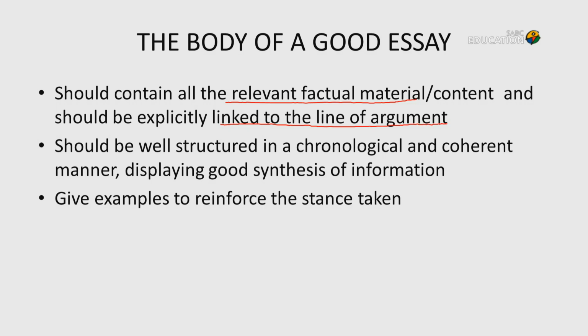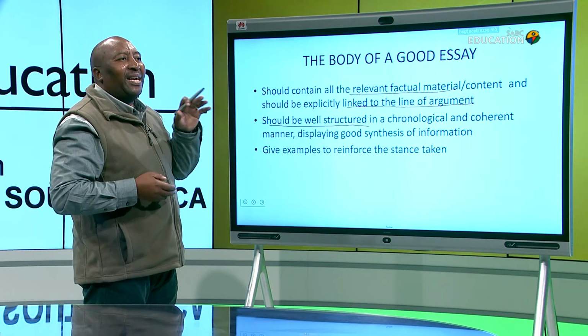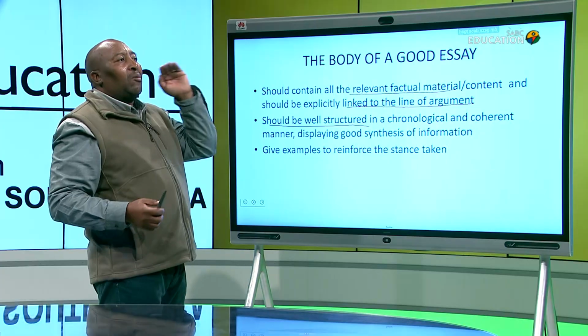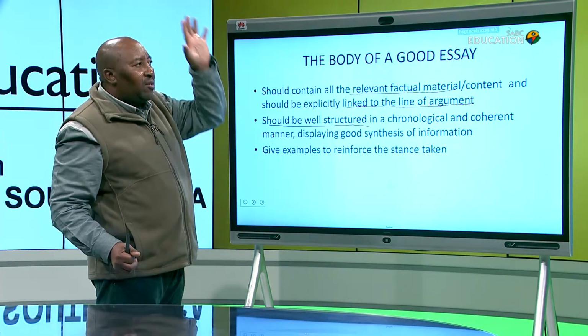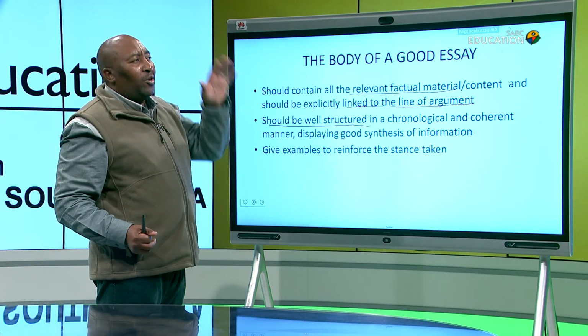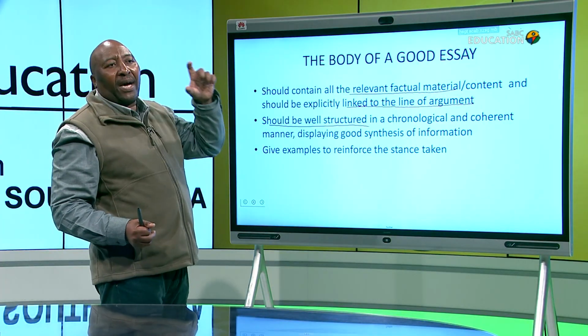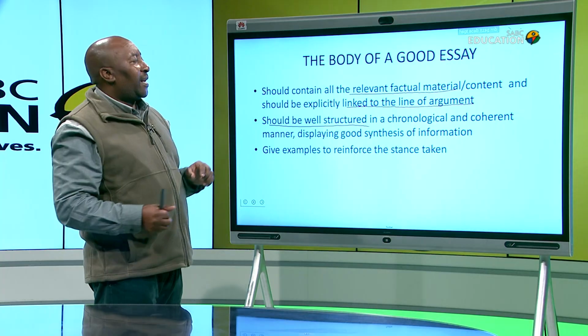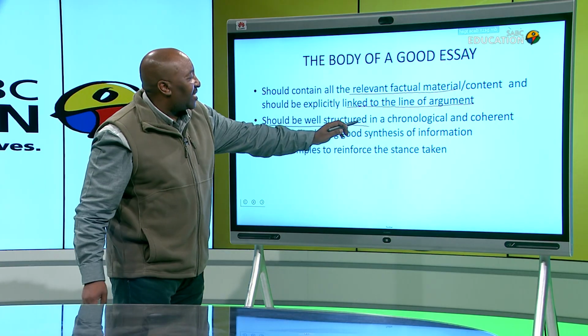Now, the body of an essay should be well structured. Right? Now, what does that mean? It means your paragraphs must have a flow. That must be clear to the reader that what I am reading is not just a writing that is clustered. You need to separate your paragraphs by following a structure.